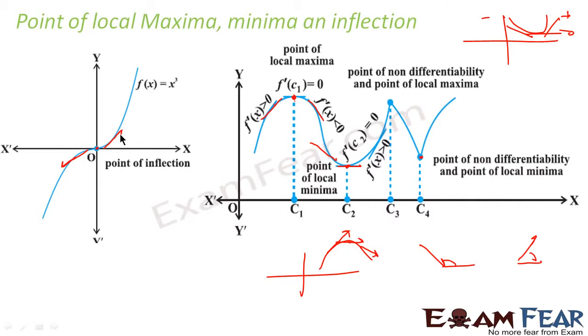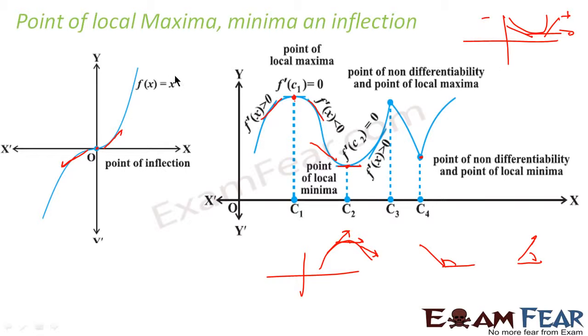So in both cases, if you go back or front, the slope is either always positive or always negative. It doesn't change. Example, in this case, if you go front, the slope is negative. If you go back, the slope is positive. Here the other way around. If you go front, the slope is positive. If you go back, the slope is negative. But in this case, if you go back or front, the slope sign is not changing. In both cases, it is positive. So that kind of point is called point of inflection.